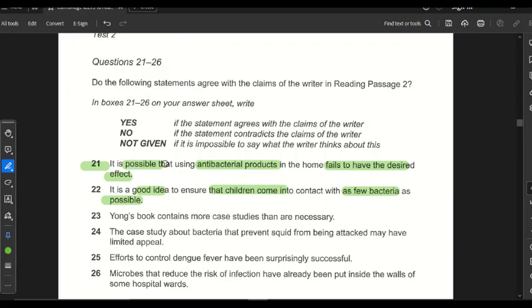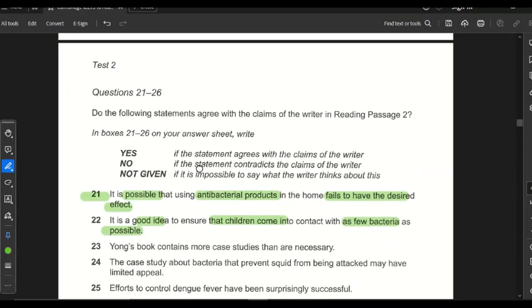So it is possible that using antibacterial products in homes fails to have the desired effect. So what is the desired effect of antimicrobial products? We want to use them so that we can kill or eliminate bacteria that are harmful to us. And now we are saying it fails to have its desired effect. The desired effect is to keep away those we don't want.